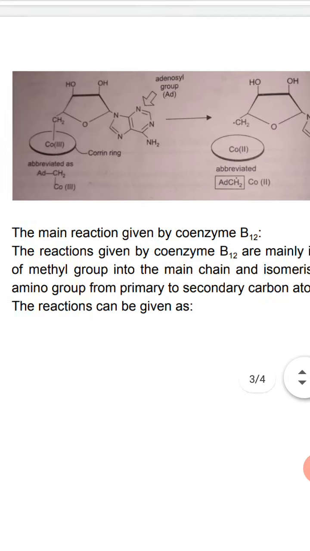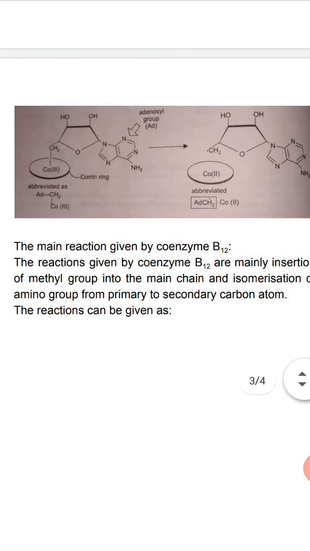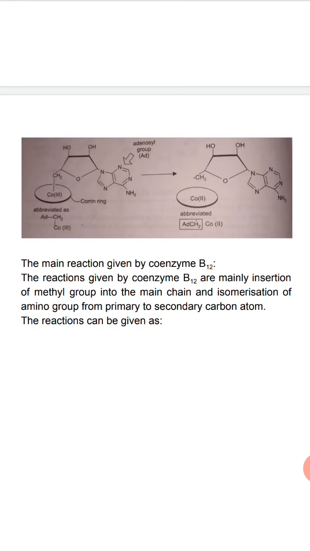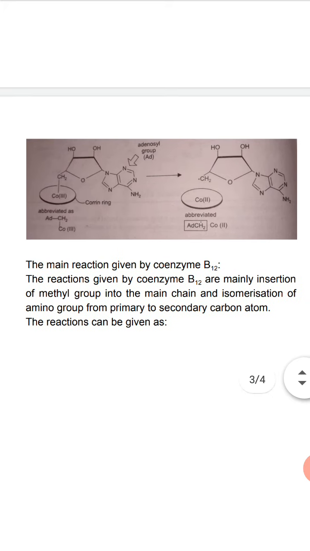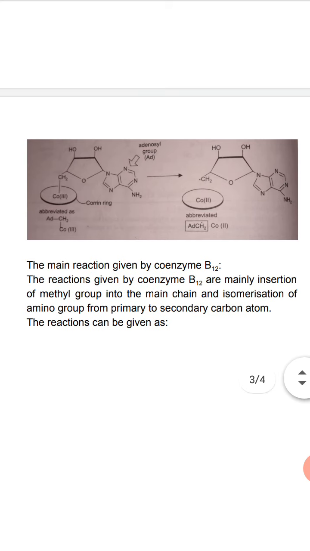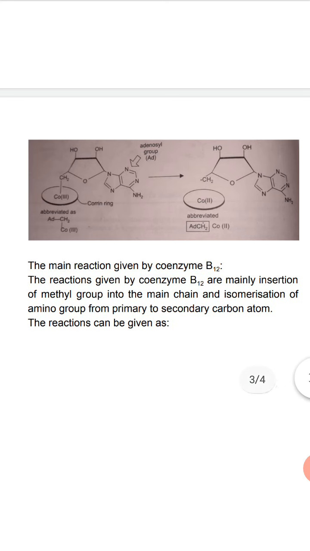Now on this basis, we can consider the reactions catalyzed by coenzyme B12. The main reactions given by coenzyme B12 are mainly insertion of a methyl group into the main chain, and second, isomerization of an amino group from a primary to a secondary carbon atom.